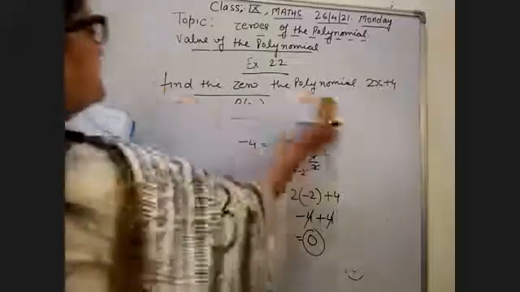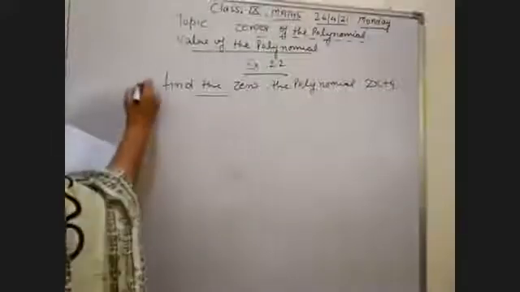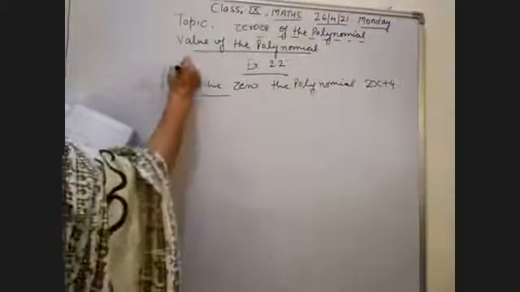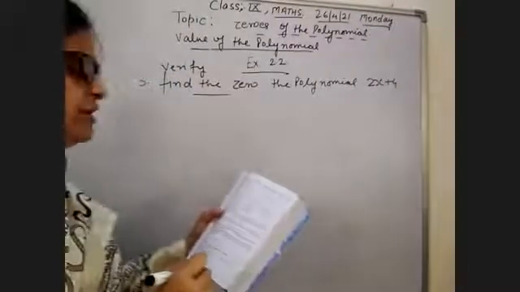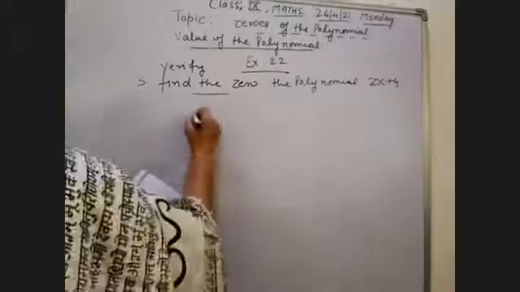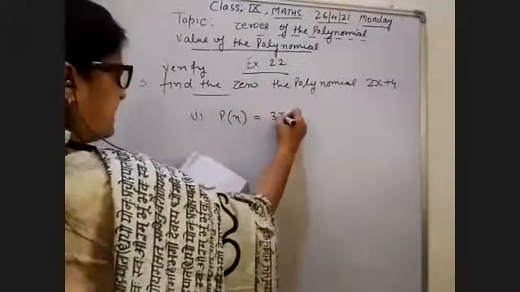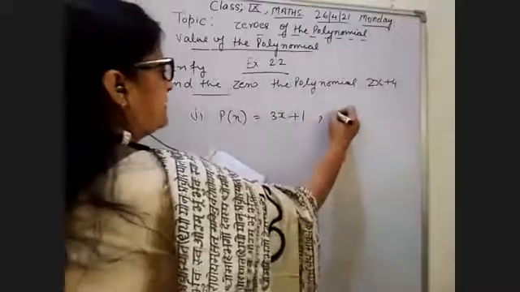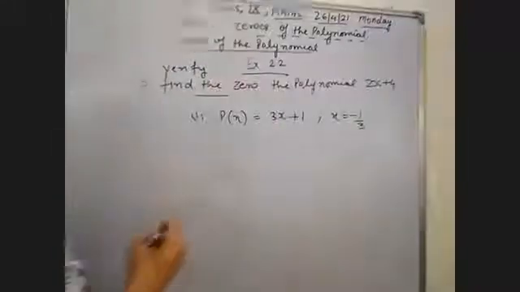Verify whether, third question from your NCERT book. Verify whether our first question is Px equal to 3x plus 1 by putting x equal to minus 1 upon 3.